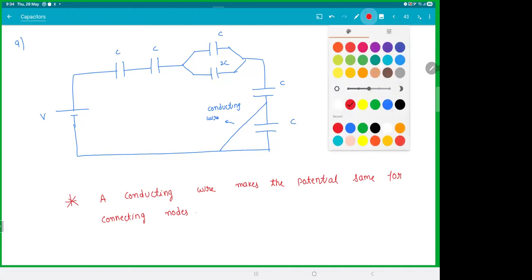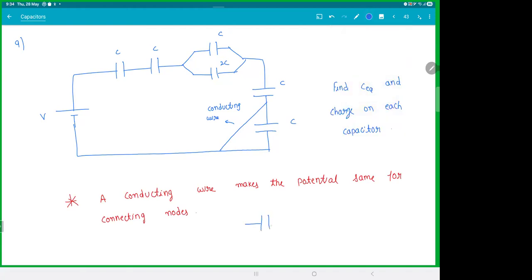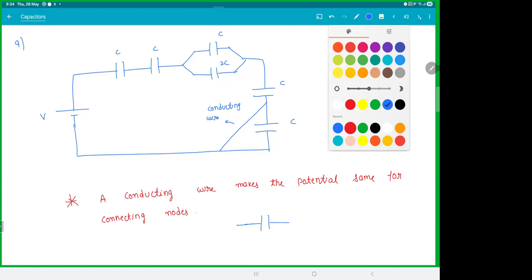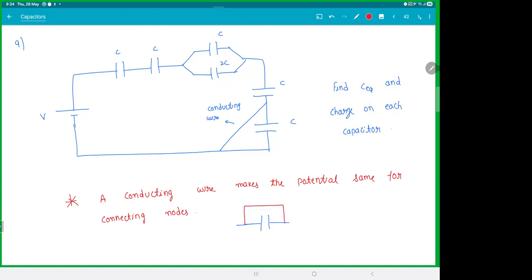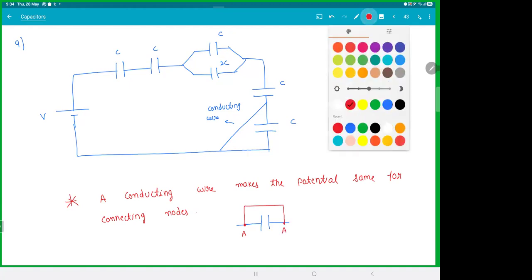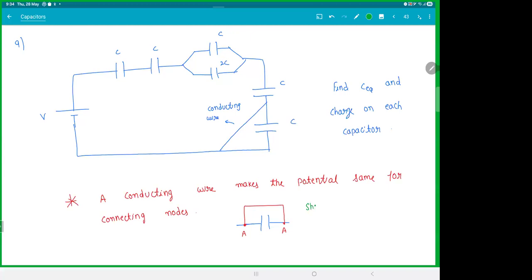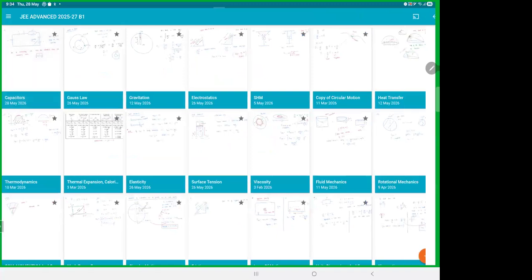Okay. So now if you take a capacitor and connect a wire, this point A, this point also becomes A. That's what it does. This phenomenon is called shorting. If you put a wire across a device, it is called shorting. We'll say it got shorted.